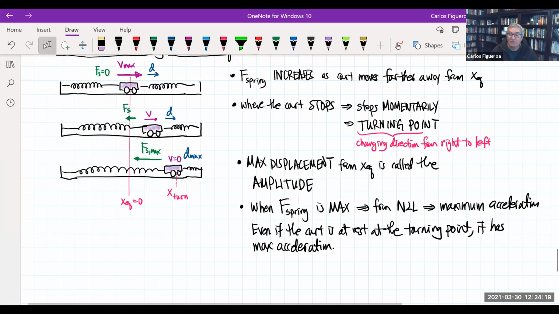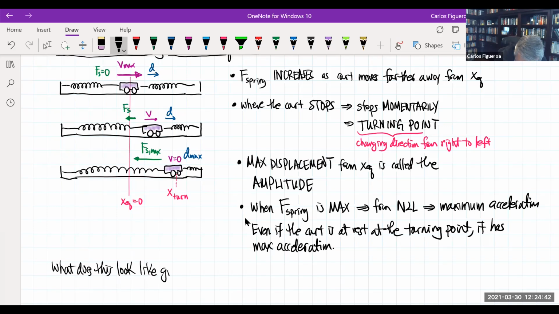So then what we want to do here is look at what this looks like graphically. So the question is, what does this look like graphically?